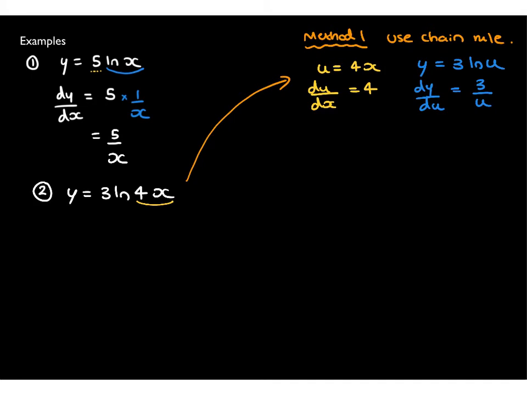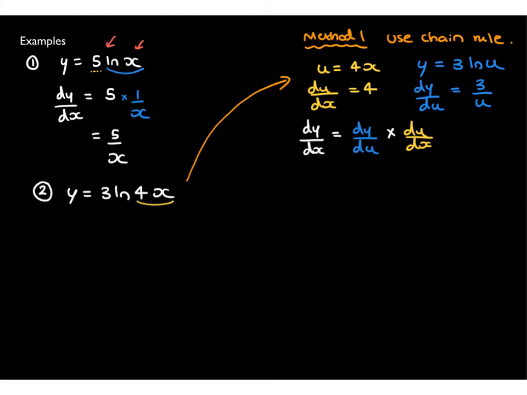That's no different to differentiating y equals 5 ln of x, which we did a moment ago. We know that ln of u will differentiate to 1 over u, and the 3 is just a multiplicative factor, as we've said previously. Then the chain rule tells us that dy by dx is equal to dy by du multiplied by du by dx.